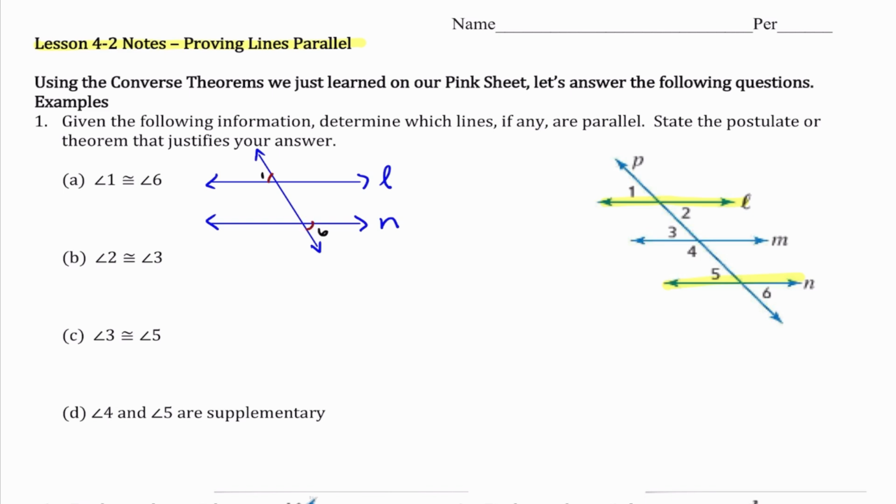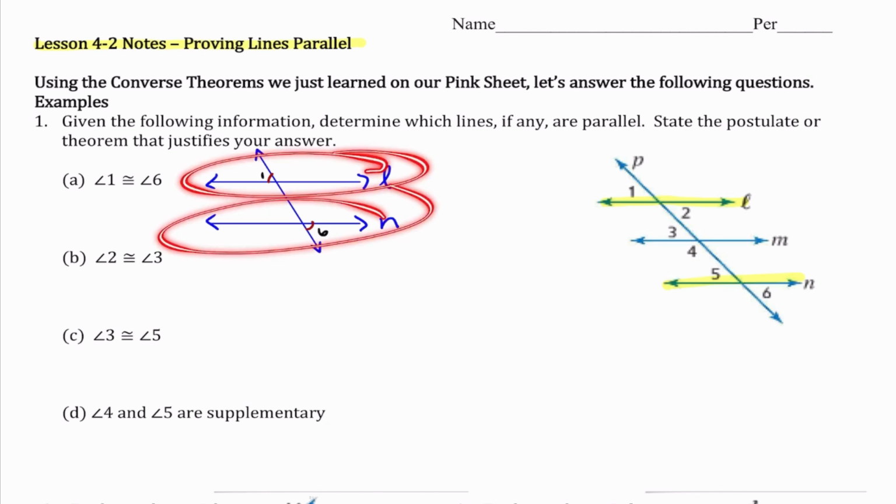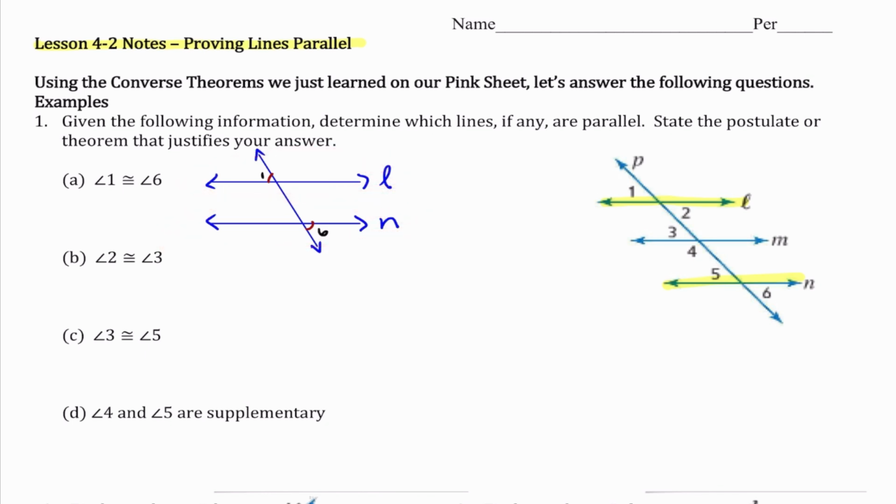Now the question here is, are these two lines parallel? Recall from the back side of the pink sheet properties you filled out today, if two lines are cut by a transversal and the alternate exterior angles are congruent, then by the alternate exterior angles converse theorem, the lines are parallel.